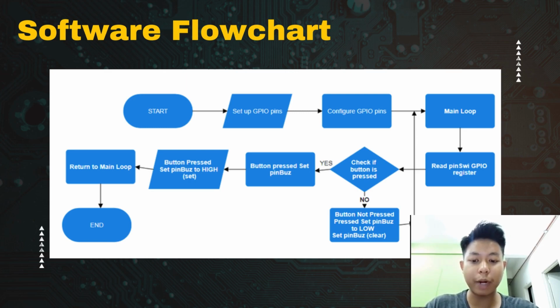If the button is pressed, we seamlessly transition to the button press process, triggering the buzzer by setting the pin bus GPIO register to high. Conversely, if the button is not pressed, we ensure a quiet state by setting the pin bus to low. This loop ensures the responsiveness of our doorbell system, making it an intelligent and efficient solution. The flowchart vividly illustrates the logical sequence of events, emphasizing the user-friendly and robust design of our project.